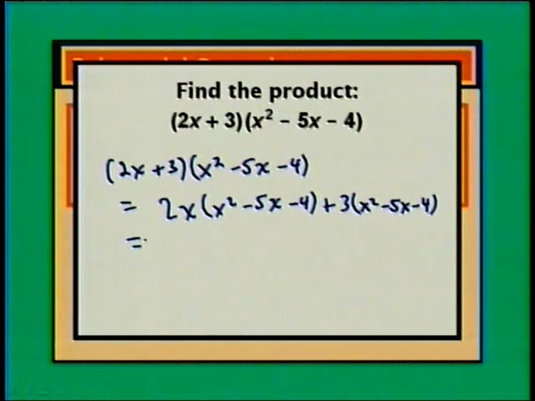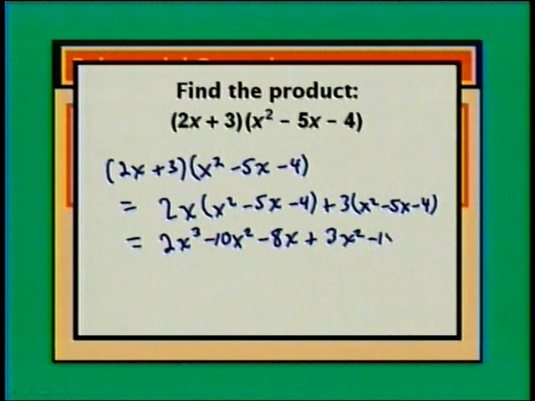This is a second application of the distributive property. That's going to give me 2x cubed minus 10x squared minus 8x. I also need to distribute 3 through the trinomial, so that's a third application of the distributive property. So that's plus 3x squared minus 15x minus 12.